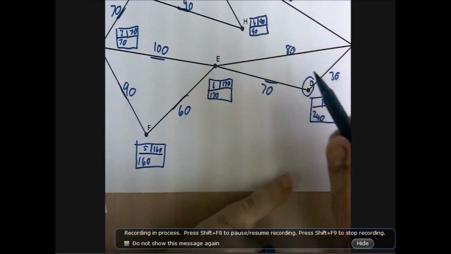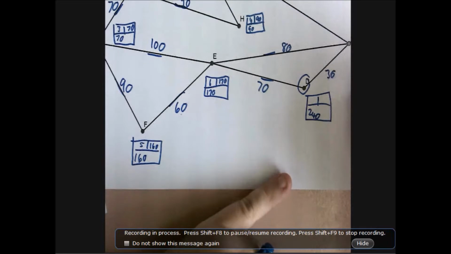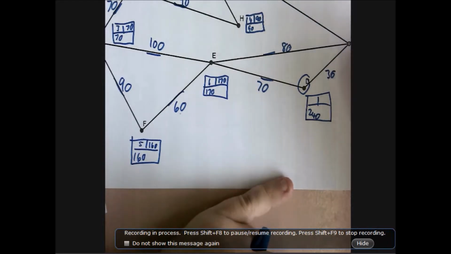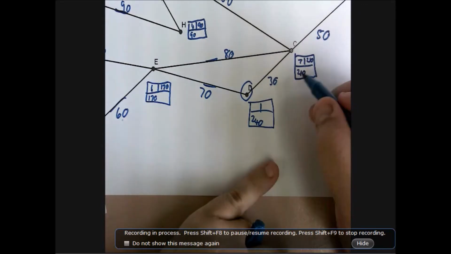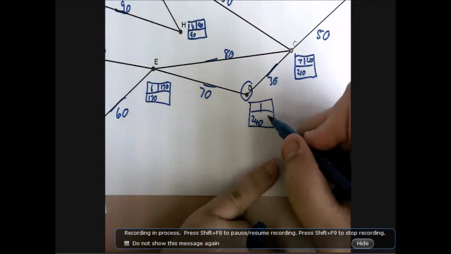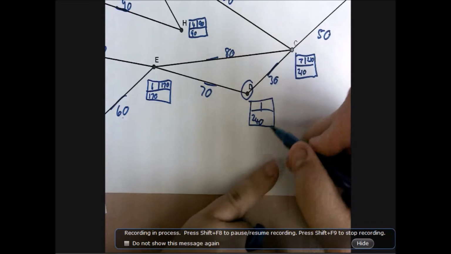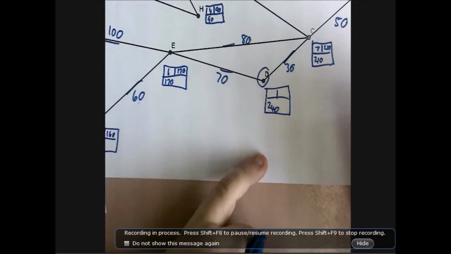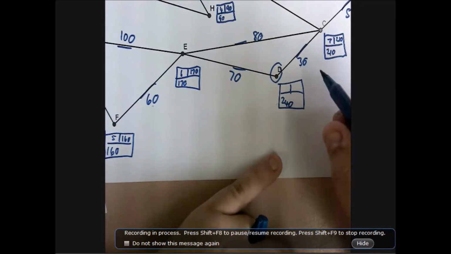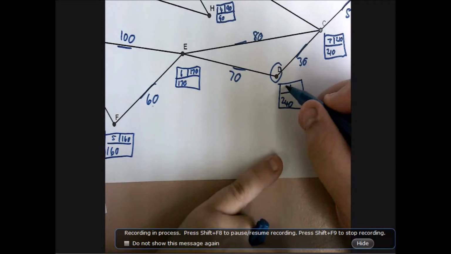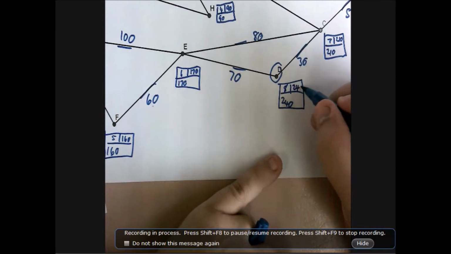So we're finished with E. Our next stop will be C. 210 plus 30 is 240, which ties, and our next stop will be D, stop 8, and that is our destination, so our final answer is 240.